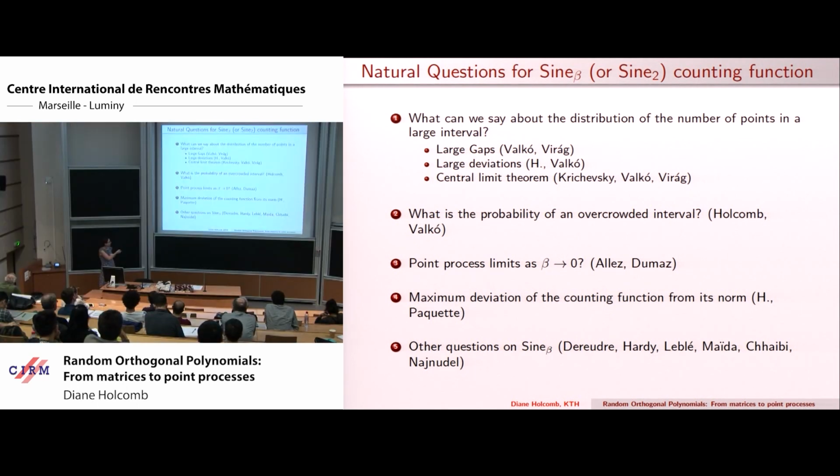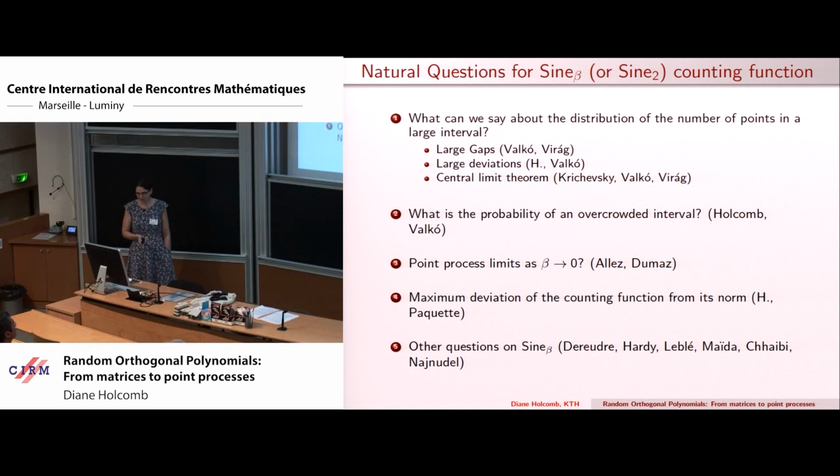Chaibi and Najnudel also proved rigidity, and Leblay afterwards proved a central limit theorem for linear statistics of sine beta. I had everything else about sine beta up on the board. This is basically everything that's known. So I just wanted to make sure I highlighted those as well.